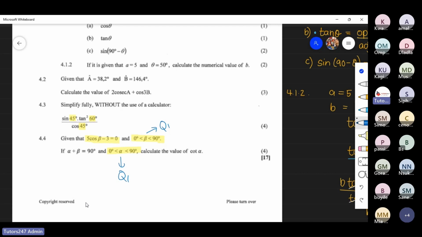Okay, now the other important piece of information is this equation over here. Alpha plus beta equals 90. So you've got two important equations that you need to make use of in order to calculate cot alpha. This is what we need to find.